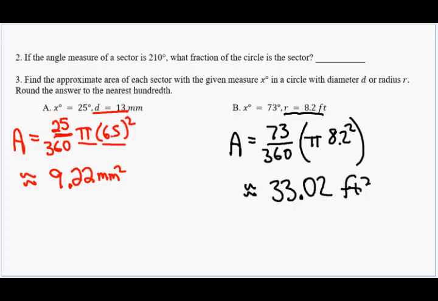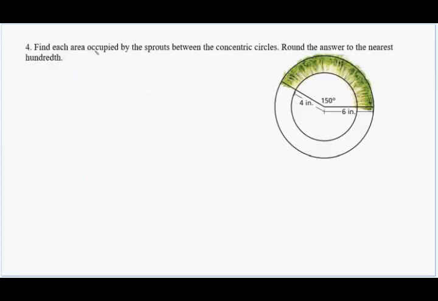All right. Fourth problem here, you can just model this right off the one we did. Very, very similar. So let's start right off with the big circle. Now here our arc is the one we want, that's 150. So our big circle's arc area is going to be 150 out of a full 360, and we're going to multiply that by pi.